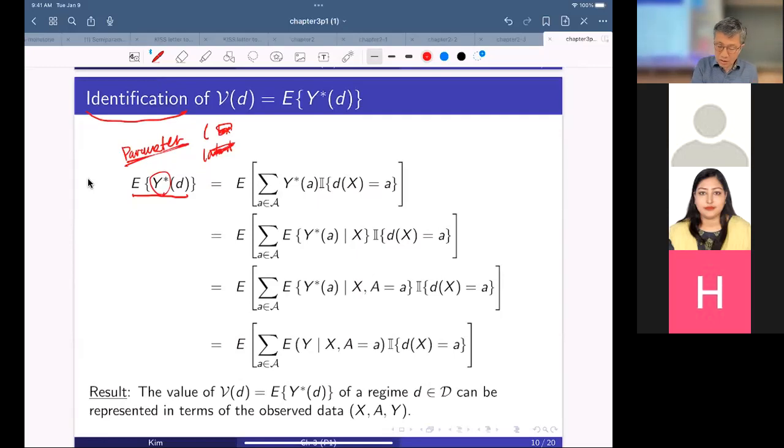But here X is observed, A is observed, Y is observed. So you cannot really compute Y star, but we can at least express the expectation of Y star as some function of the observed random variables in the data set.